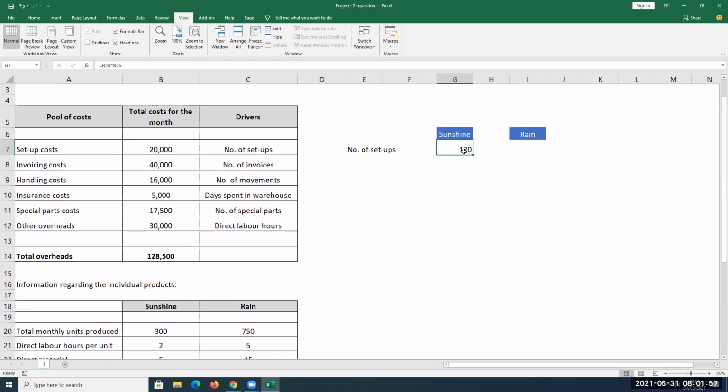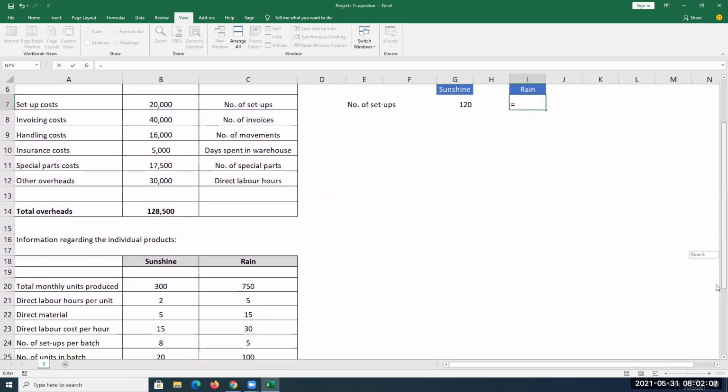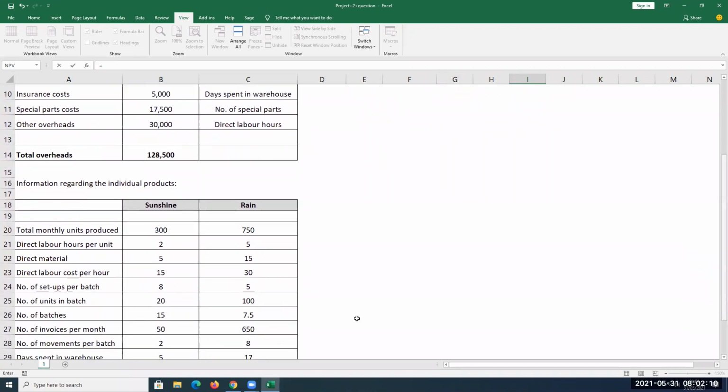And for the other product, Rain, equal sign, number of setups per batch is 5, and number of batches 7.5.